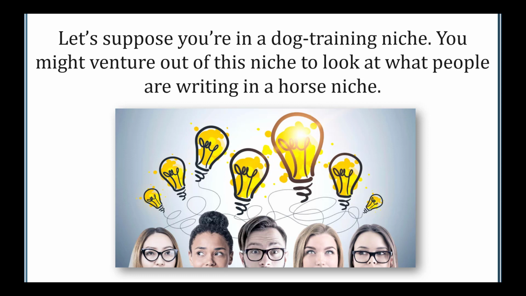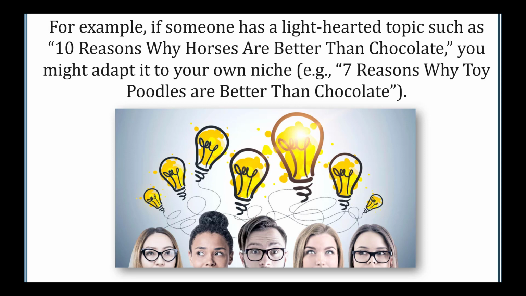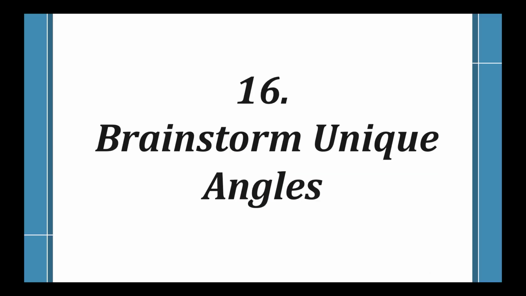You might venture out of this niche to look at what people are writing in a horse niche. For example, if someone has a light-hearted topic such as 10 reasons why horses are better than chocolate, you might adapt it to your own niche. For example, 7 reasons why toy poodles are better than chocolate.